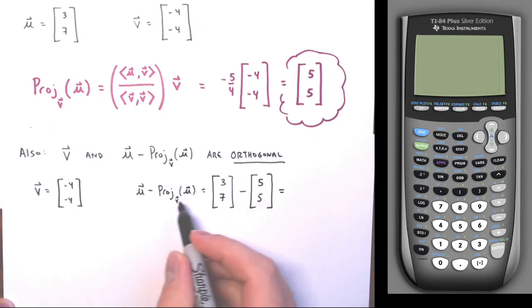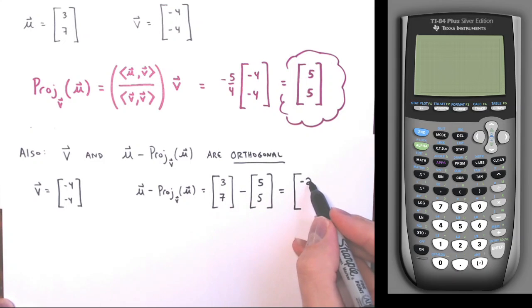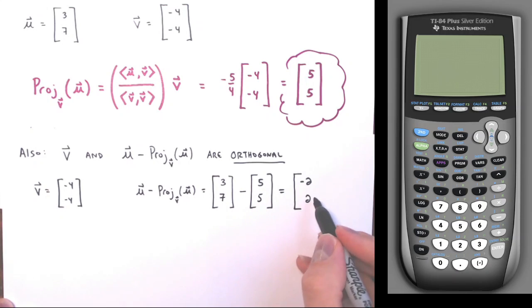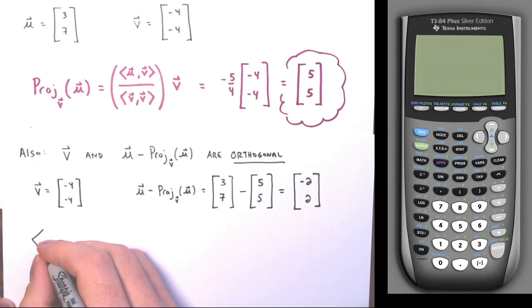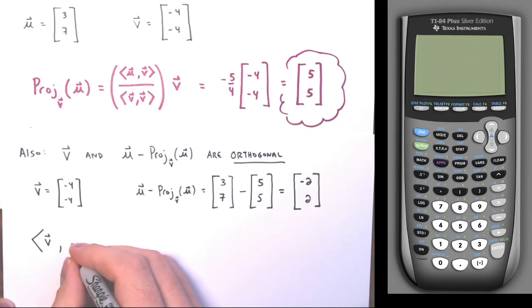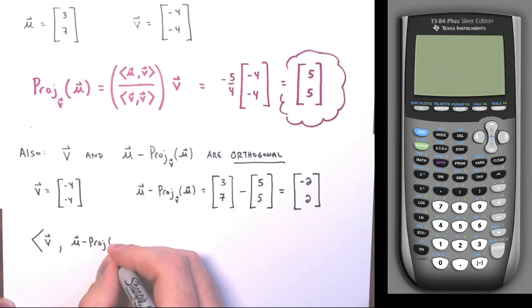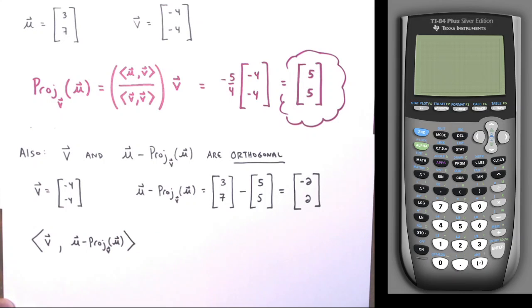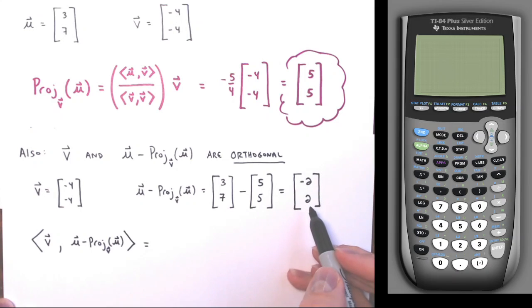So the resulting difference is the vector 3 minus 5, negative 2, and then 7 minus 5, positive 2. And let's take their inner product. What's the inner product of v with u minus the projection of u onto v? What's this inner product? Well, that would just be the inner product of negative 4, negative 4 and negative 2, 2.